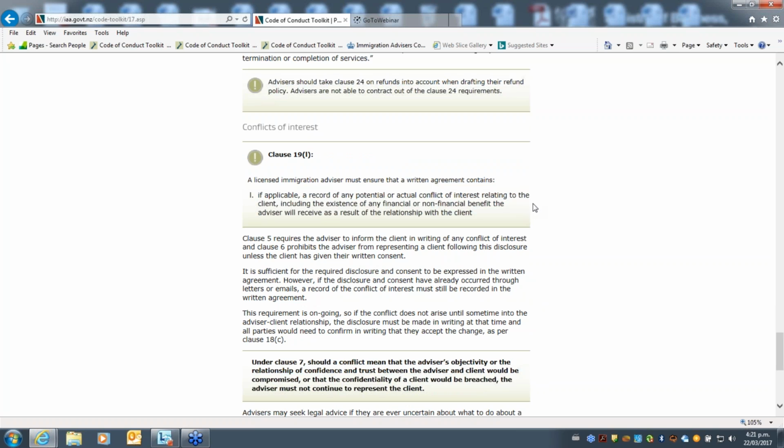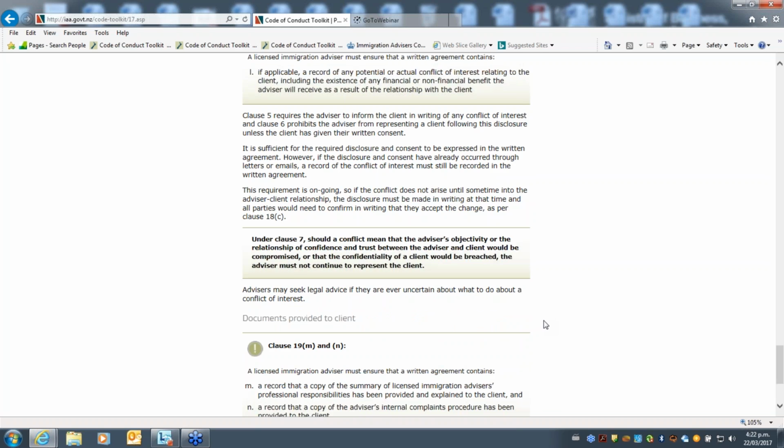So this next clause relates back to conflicts of interest, and you need to record your conflict of interest in the written agreement. So that's the requirement to have it in writing, and their agreement to the written agreement serves as their consent given this conflict of interest.